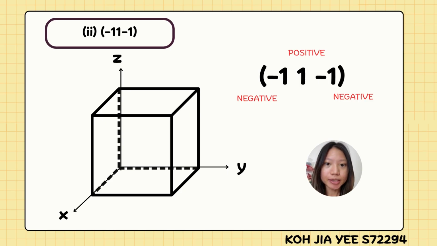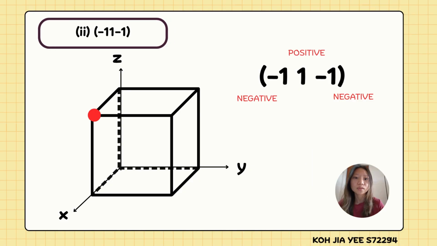So now I will explain question 2, which is -1, 1 and -1. First, we need to find an origin that matches the -1, 1 and -1 position. The red spot shows axis x and axis z in the opposite direction, which is negative, while axis y shows a positive direction.